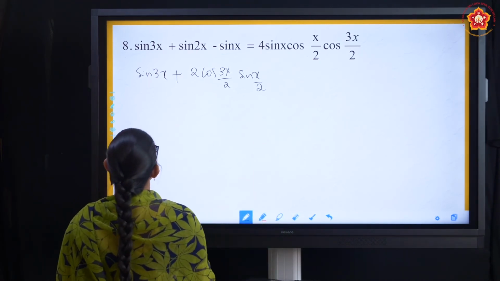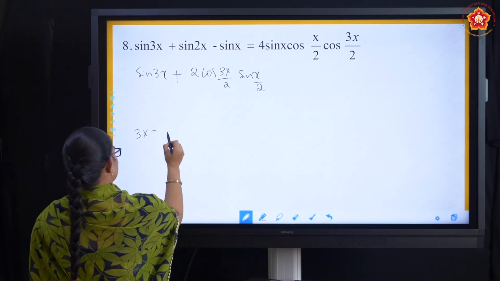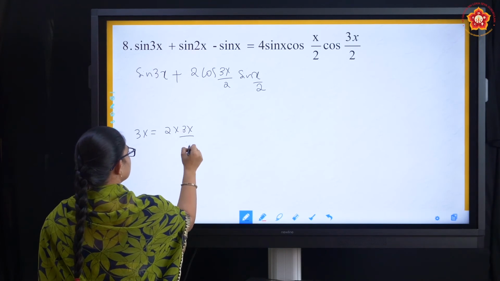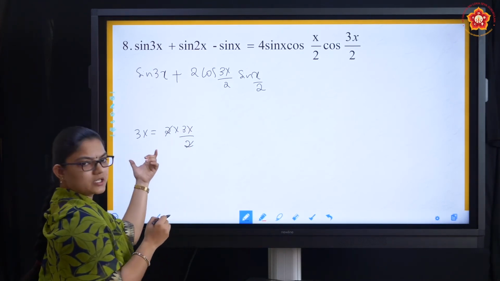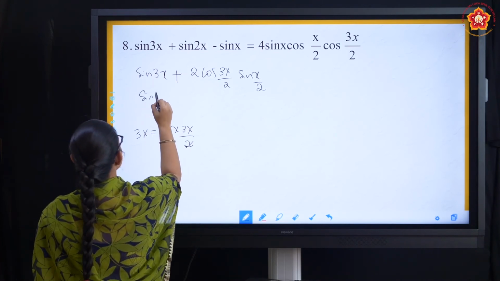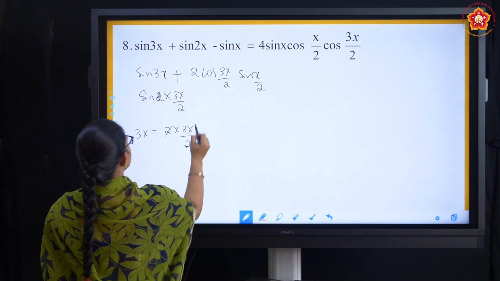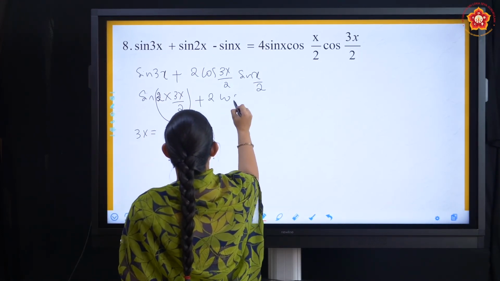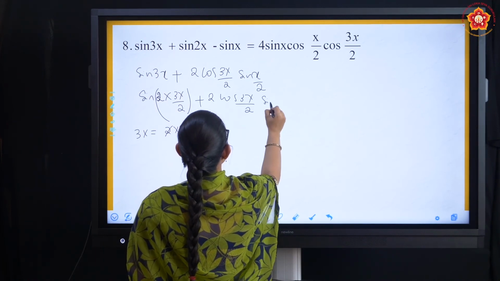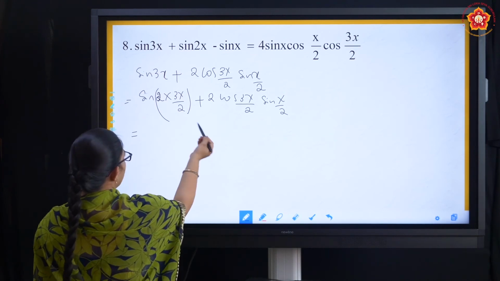Next we have sin 3x plus. So 3x I can write as 2 into 3x by 2. Correct? 2 into 3x by 2 is again 3x. So I am writing sin 3x as sin of 2 into 3x by 2, plus 2 cos 3x by 2 sin x by 2. So the sin 2x formula I can apply.